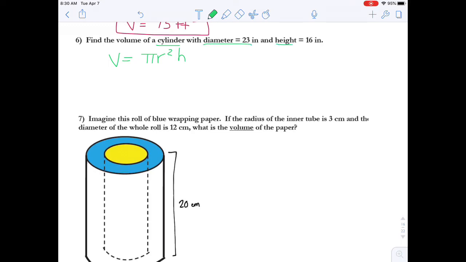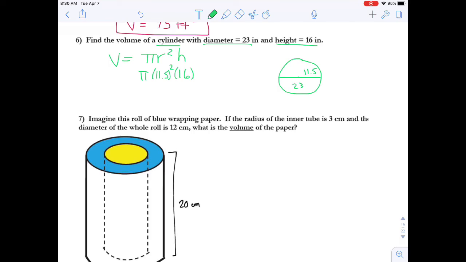They give us the diameter and the height. So there's your height, there's your 16. Remember, diameter, that's all the way across the circle. That's 23. I only want half of that, which is 11.5. So r is 11.5 squared.